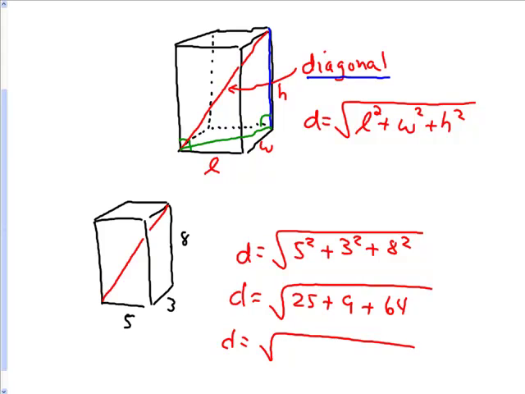So the diagonal equals the square root of 98. What is that number? Approximately 9.8 units, right? Approximately 9.8 units.